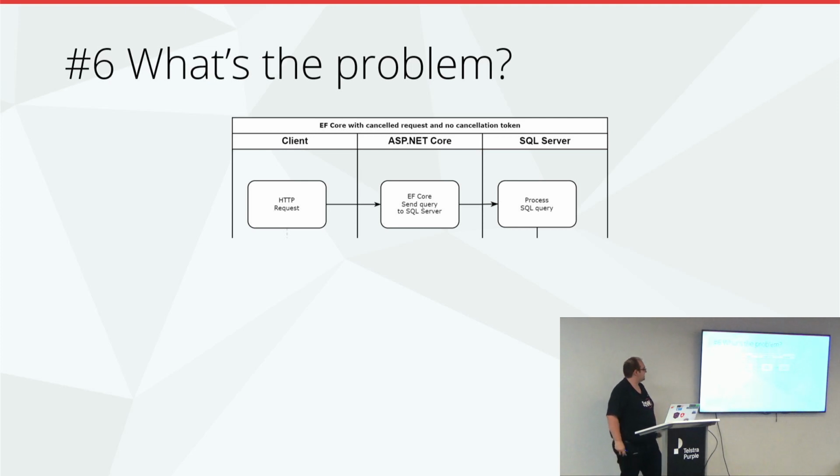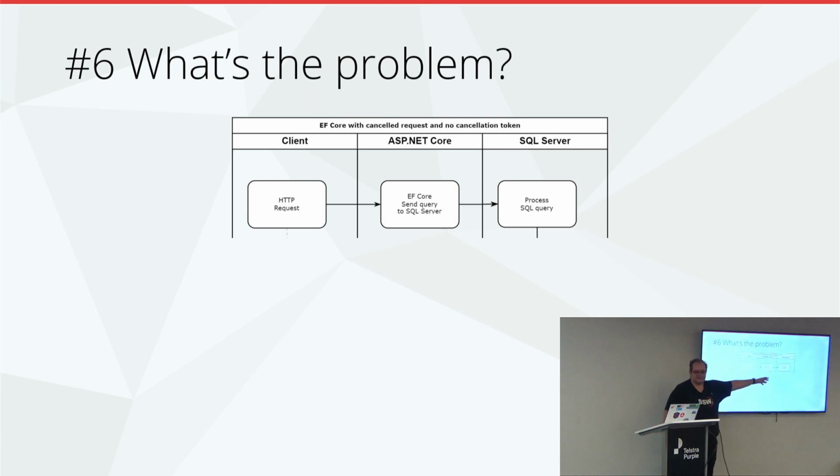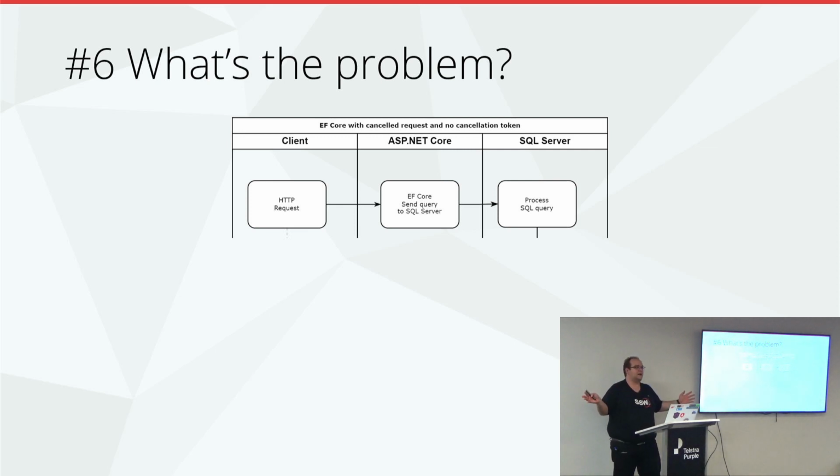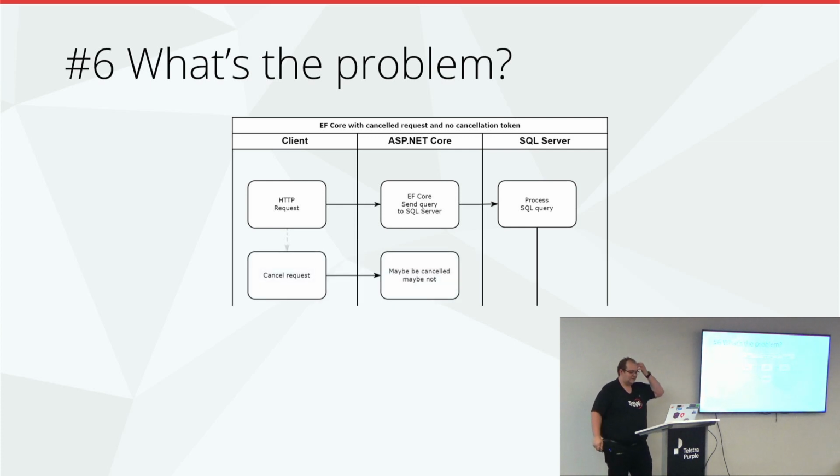When we have an HTTP request and an EF Core query sent to SQL Server, that is an asynchronous operation, and that thing can process, say, a minute on SQL Server. Let's say that we have a very, very long query. What might happen is that your user decides, actually, I don't want to wait a minute. I'll cancel the request. And the cancellation token is getting canceled.